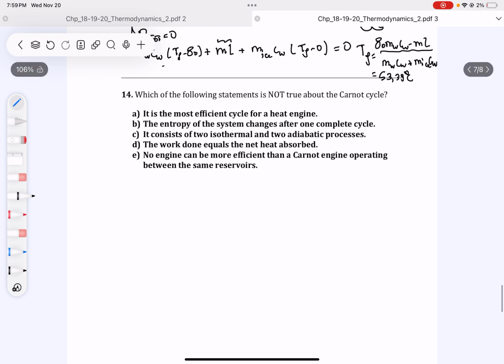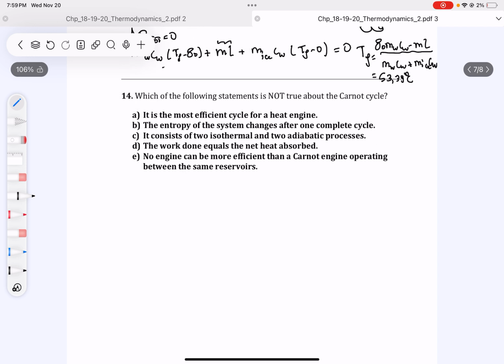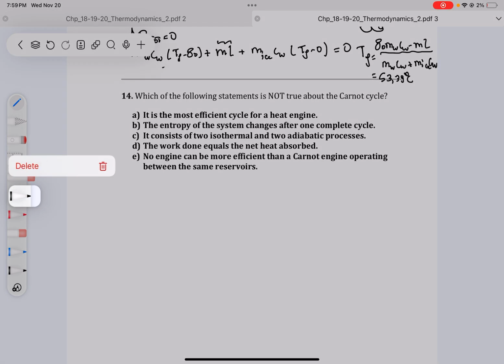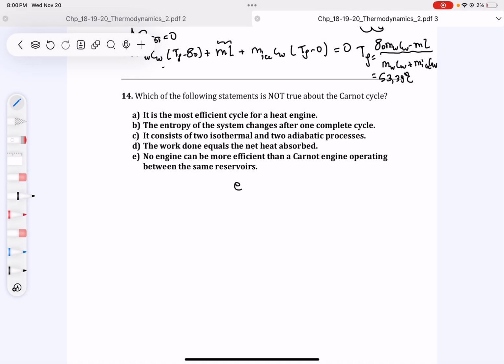Okay, here we have the last question. Which of the following statements is not true about the Carnot cycle? It's the most efficient cycle for a heat engine, and that's true. The efficiency of any engine is less than the Carnot version of this engine.